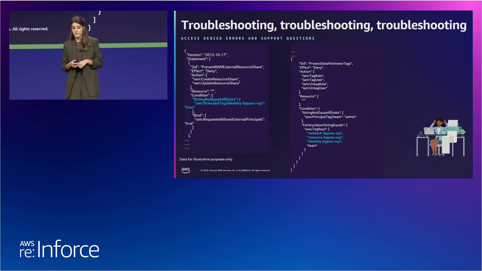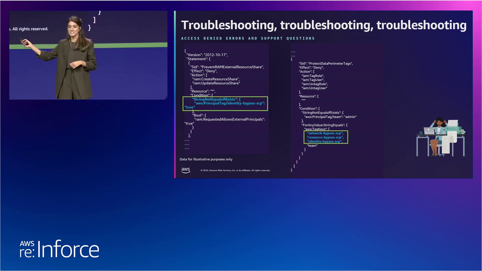The policy that I'm showing on the screen is a data governance SCP, which prevents developers from sharing resources using RAM. But you can see in the boxes the bypass tags.